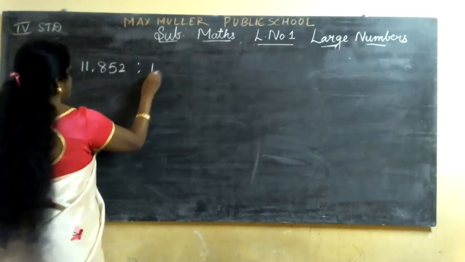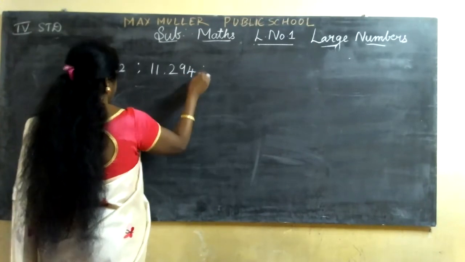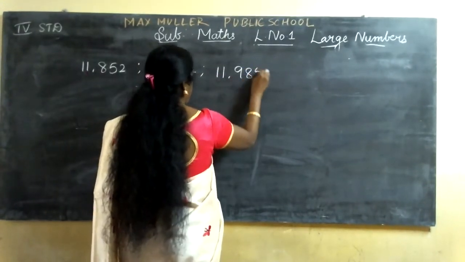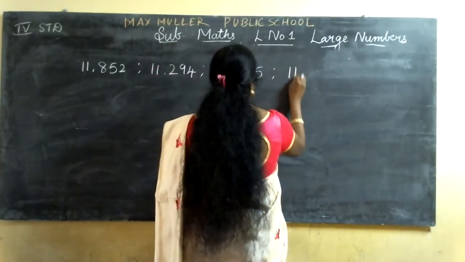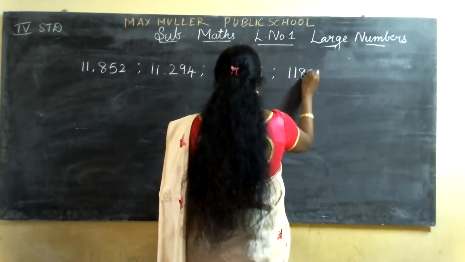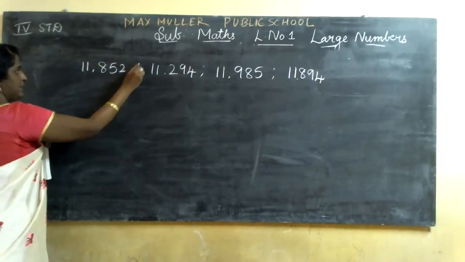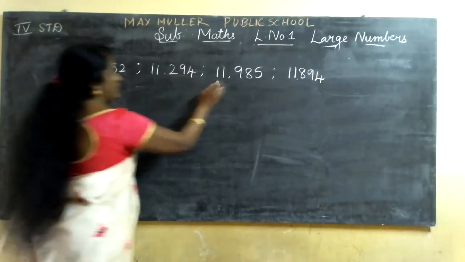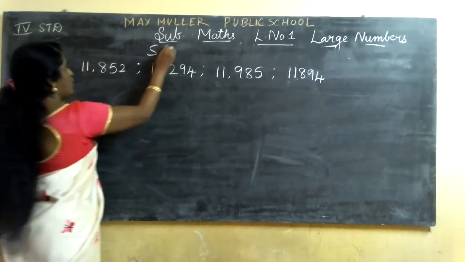Hyphen. See, here the comma is there after 1,000, so I kept a dot and comma. See here, 11,000, 11,000, 11,000, 11,000. This is ascending order, small to big.